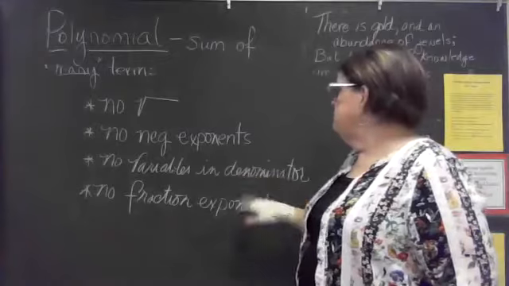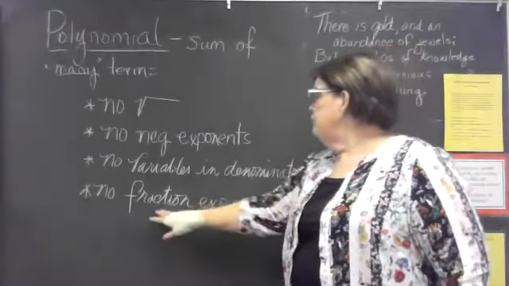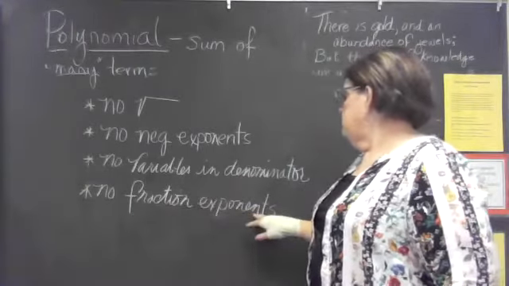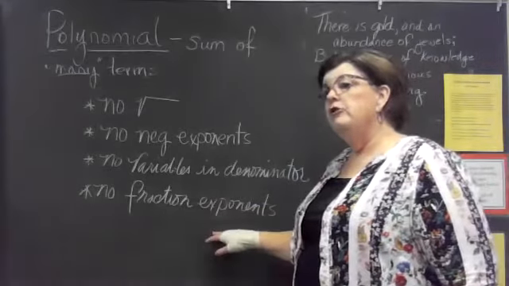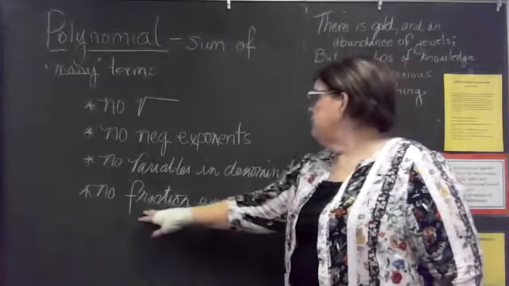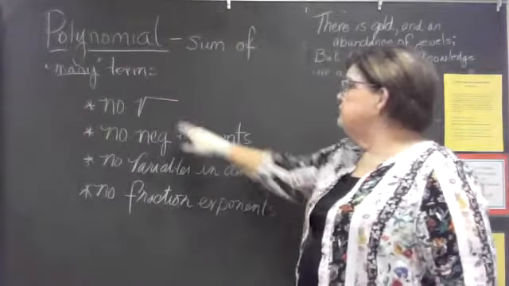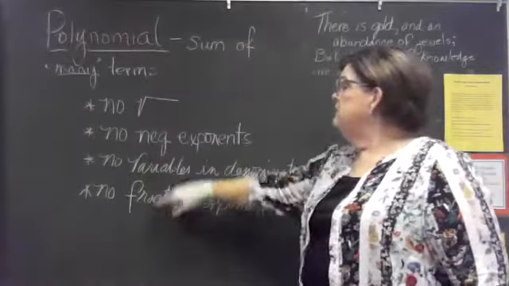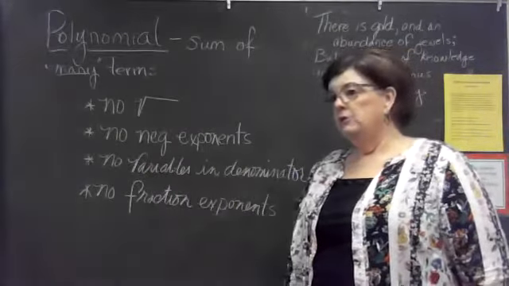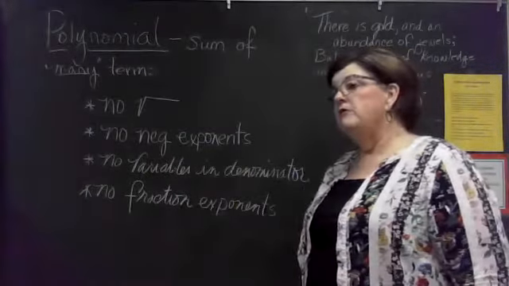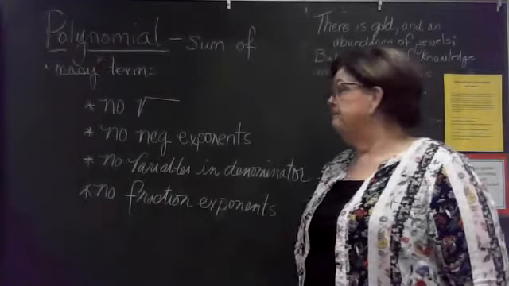So no variables in the bottom of a fraction, and no fractional exponents, something to the 1/5, something to the 1/3, okay? Because fractional exponents actually turn into radicals. So these tell you what is not a polynomial. You'll get used to polynomials very quickly.